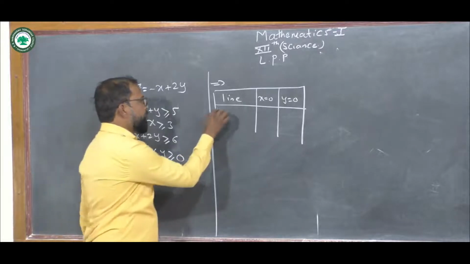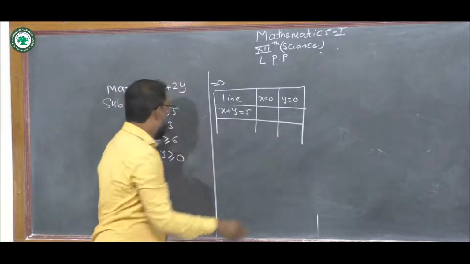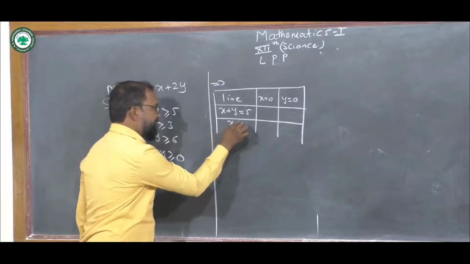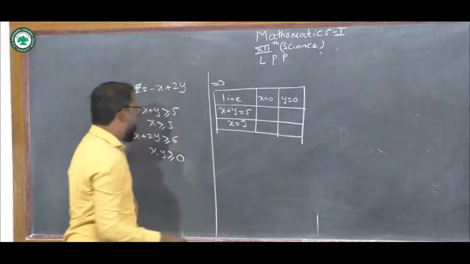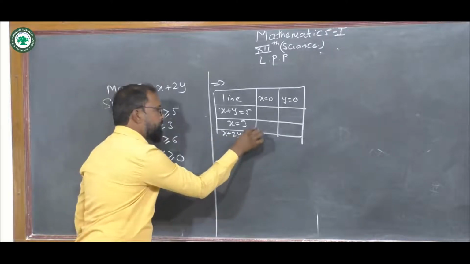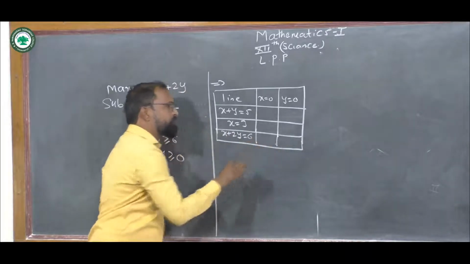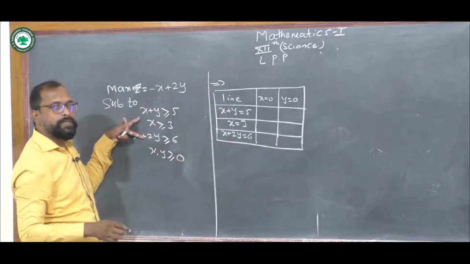Here it is x plus y equals to 5. The next equation is x equals to 3, and the next one is x plus 2y equals to 6. These are the three equations of lines corresponding to these three constraints.